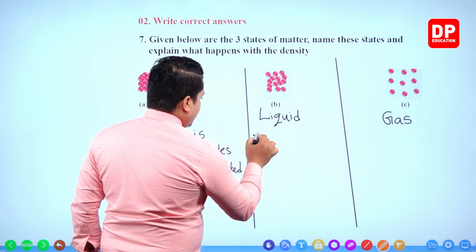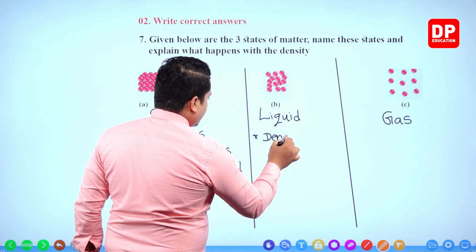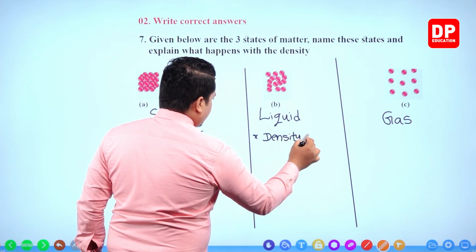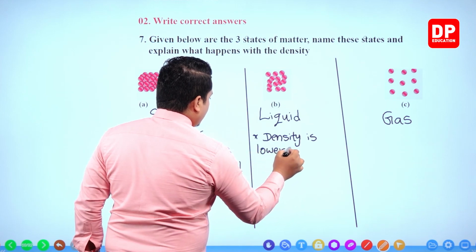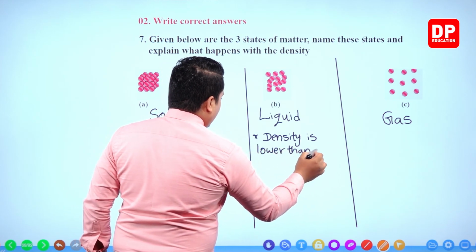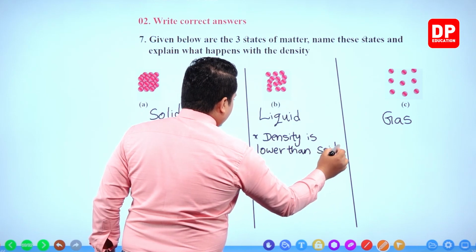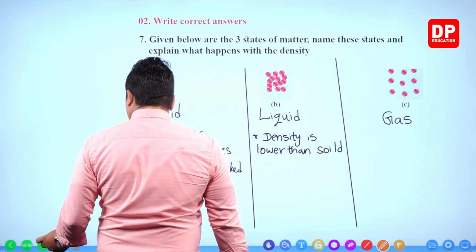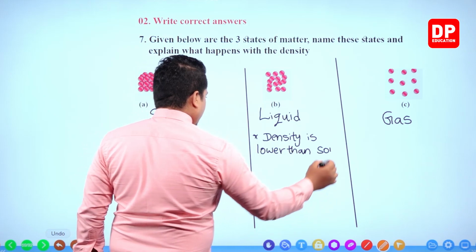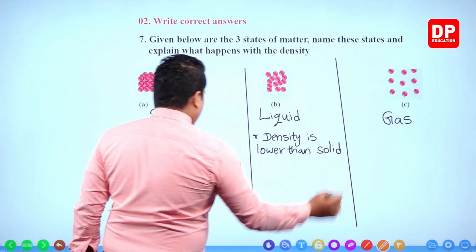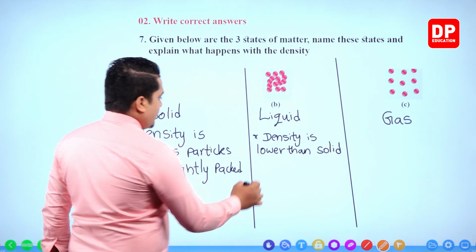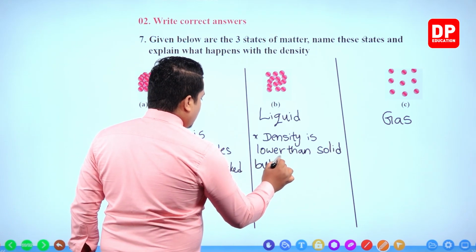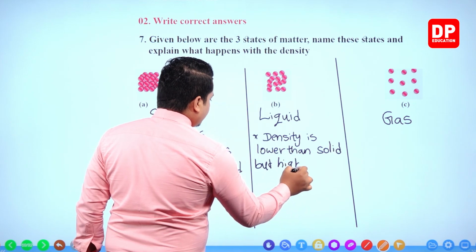Here the density is lower than solid but higher than gas.